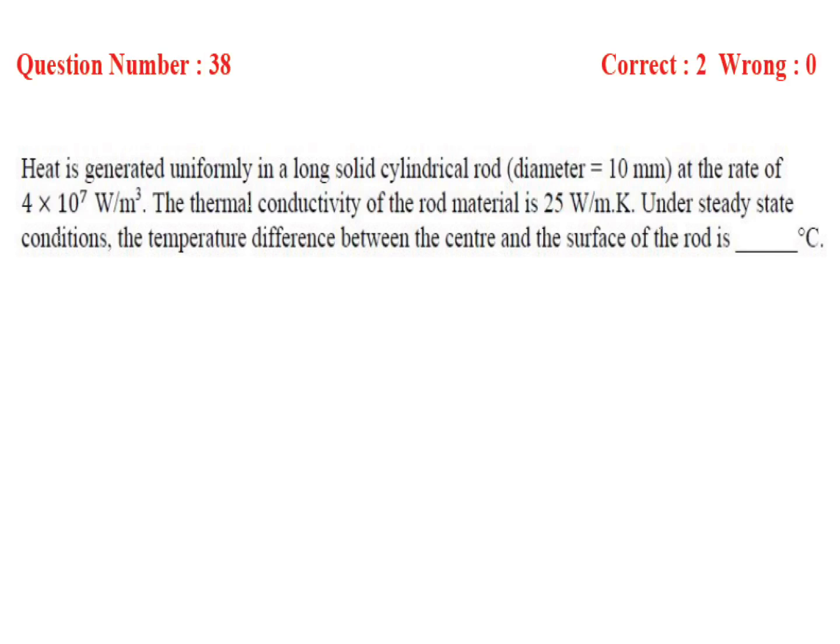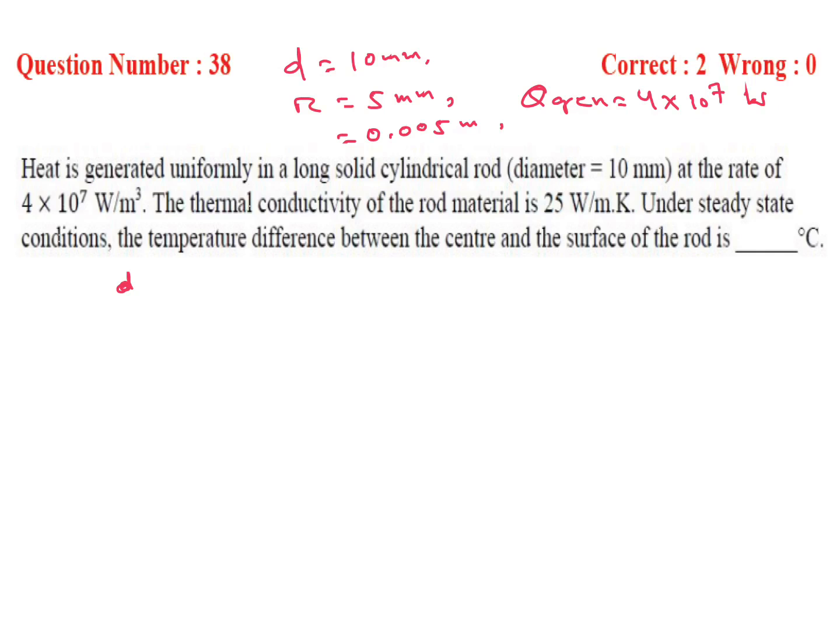So data given: D equal to 10 mm, from here radius R equal to 5 mm, or in meter 0.005 meter. Heat generated, Q gen, 4 into 10 to the power 7 watt per meter cube.